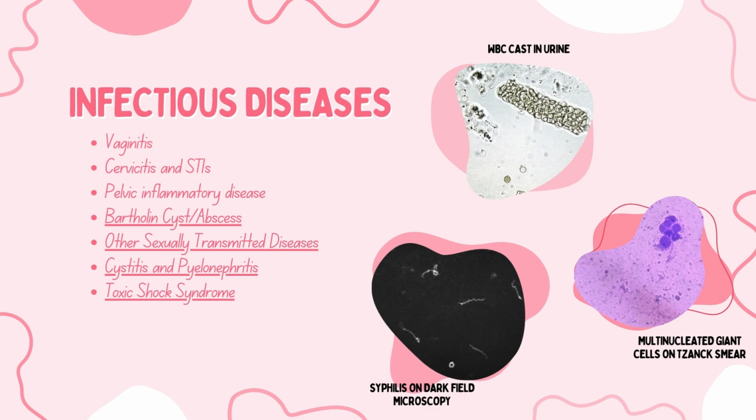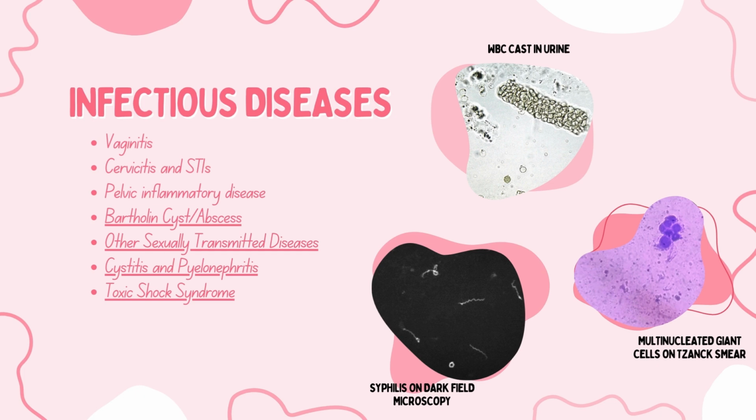Okay, from there, syphilis is next. The definition and etiology: this is a chronic infection caused by Treponema pallidum, which is a spirochete. It is known as the great imitator because the disease itself presents like so many other things.